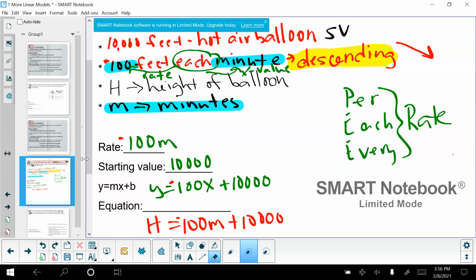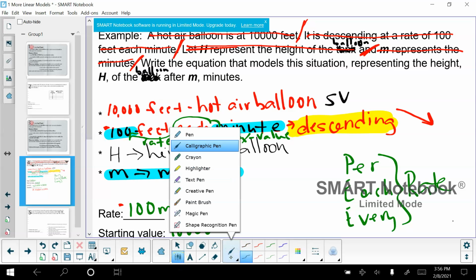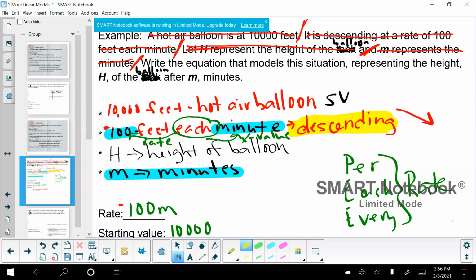So you really need to match up the 100 with the m. But the other way to know that the h is really the y, that we're actually y equals or h equals, is if you look up at the problem and how they stated the question. I'm going to highlight that. It says, write an equation that models this situation representing the height h of the balloon after m minutes.